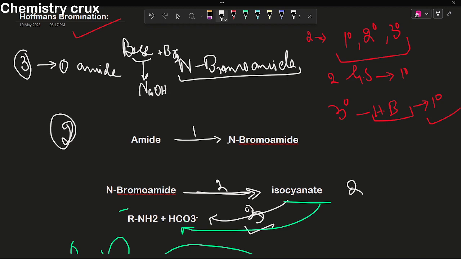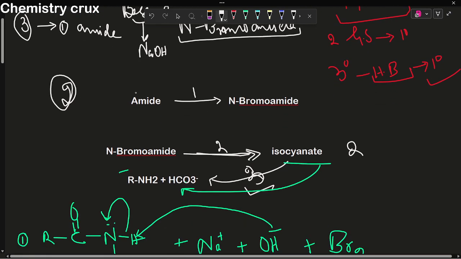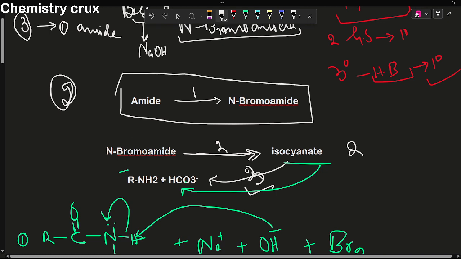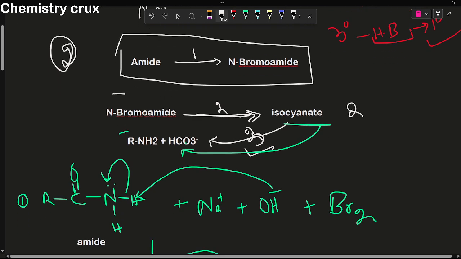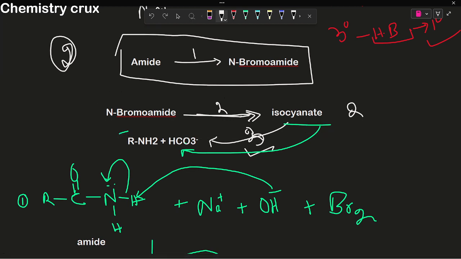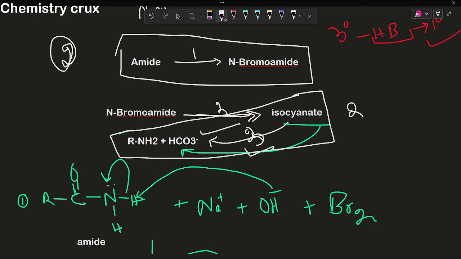The Hofmann bromamide reaction has 3 steps. The first step is the conversion of amide to N-bromoamide. The second step is conversion of N-bromoamide to isocyanate, fine. And the third step is conversion of isocyanate to primary amine along with HCO3 negative, fine.